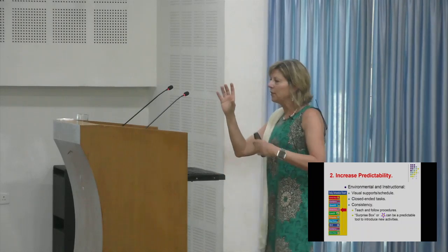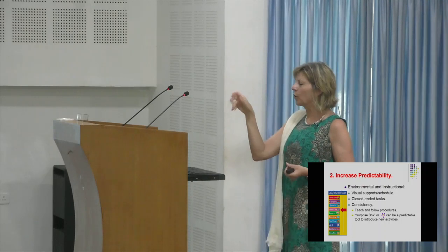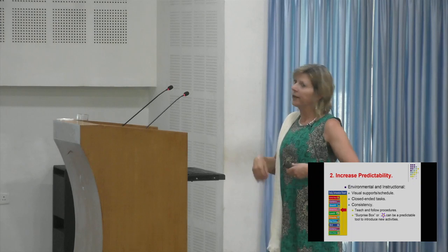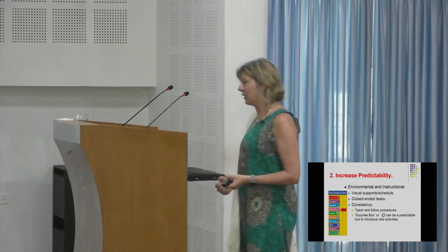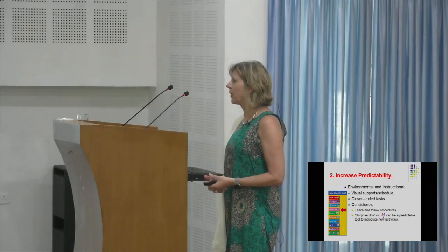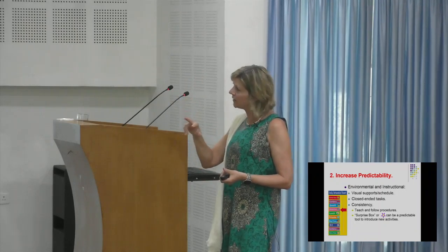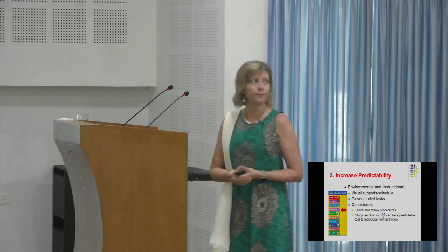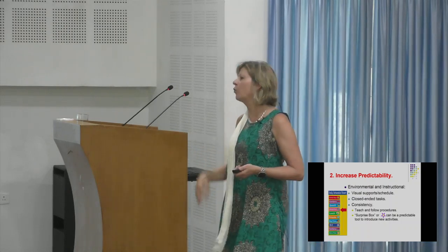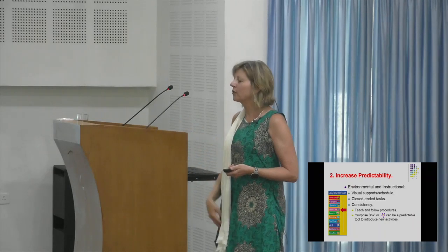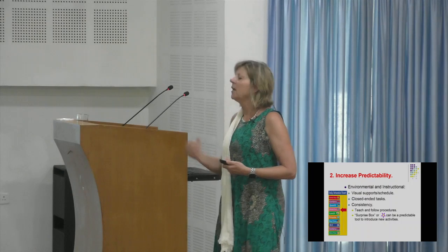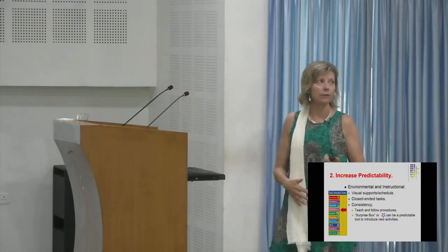It could be, too, if it's a whiteboard with a marker, that they get to cross out when something is done. That is really reinforcing for kids, either to erase it or to cross it out to show that it's done and you only have 3 things left to do. So increasing predictability helps the children know what to expect, and it also helps them understand what you're asking them to do, and they can see how much is left to do.